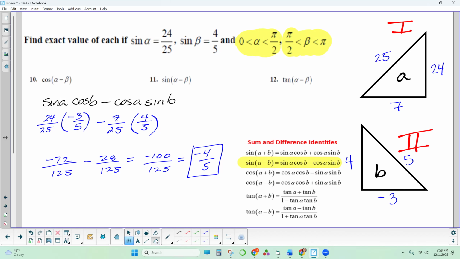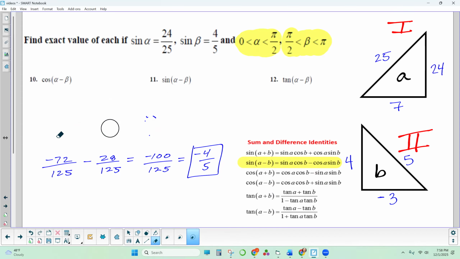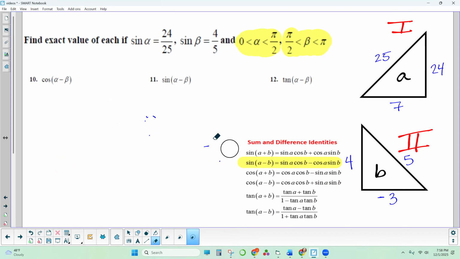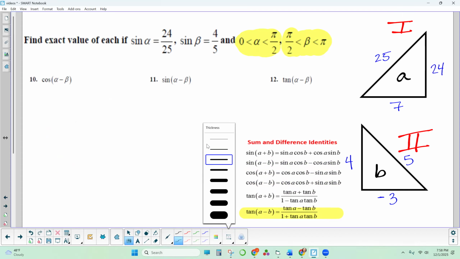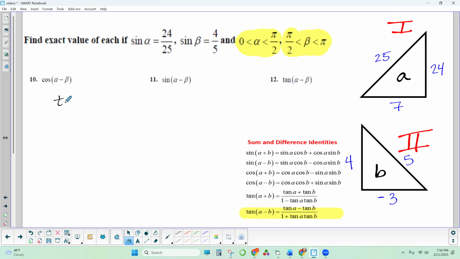All right, let's do the last one over here, which is tangent A minus B. So for this one, we are using this identity right here. I'm going to copy that down.